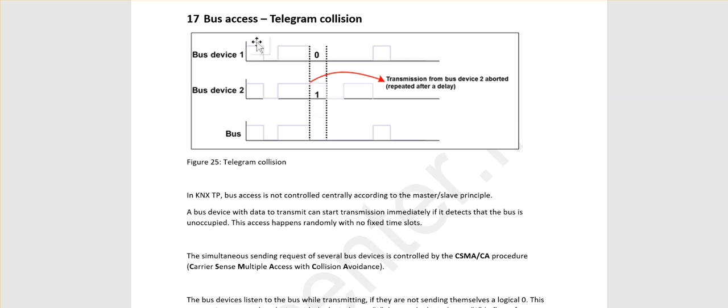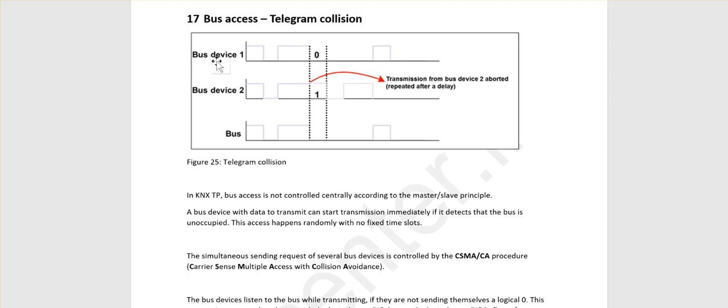In KNX we use the carrier sense multiple access with collision avoidance protocol to make sure that there is no collision in the transmission of the data. So when bus device 1 is sending, all of the bus devices in a line are listening until bus device 1 executes its command.